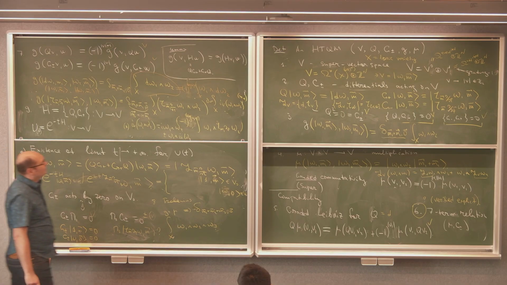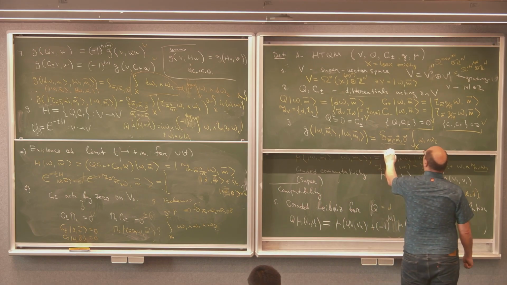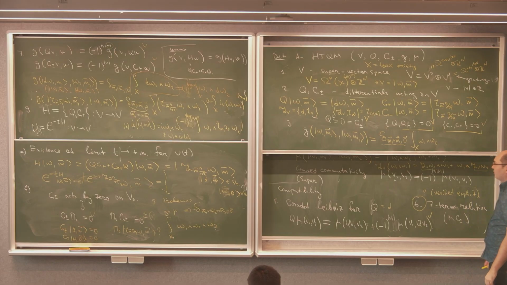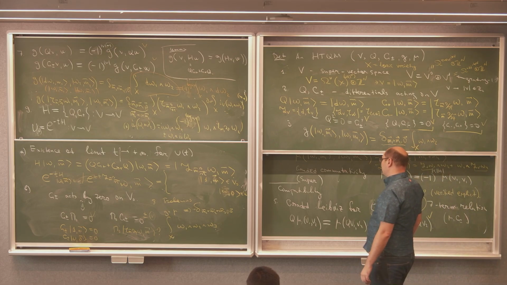So the take-home lesson is that we gave this very complicated, very long definition for HDQM, which is a collection of this data: vector space, pair of differentials, pairing and multiplication, obeying various consistency conditions.